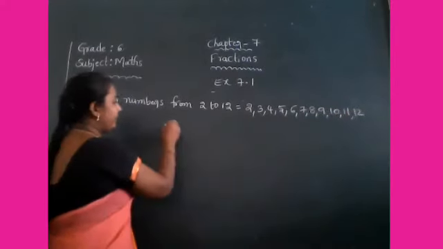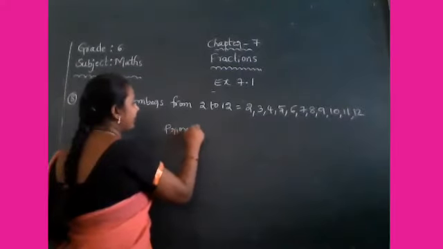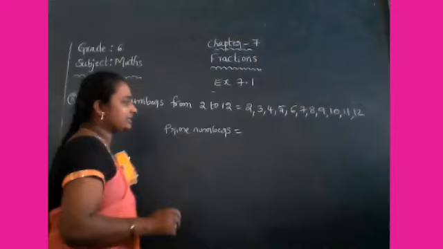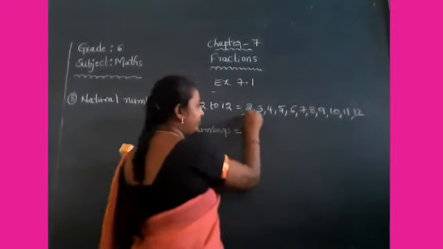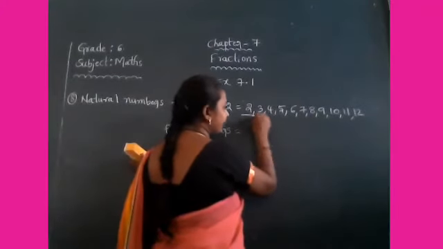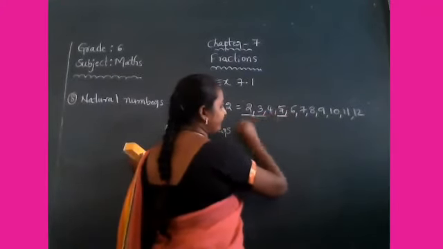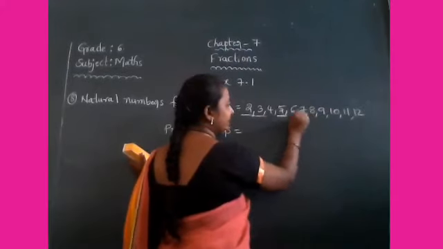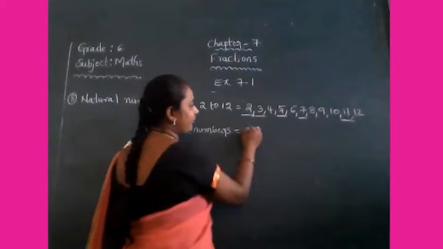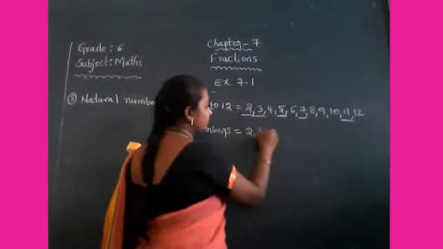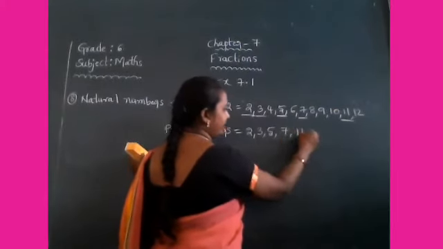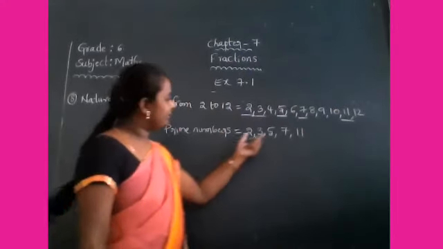Now the prime numbers: 2, very good, 2 is the even prime number. Next 3, 5, 7, then 11. So the prime numbers are 2, 3, 5, 7, 11. How many? 5.